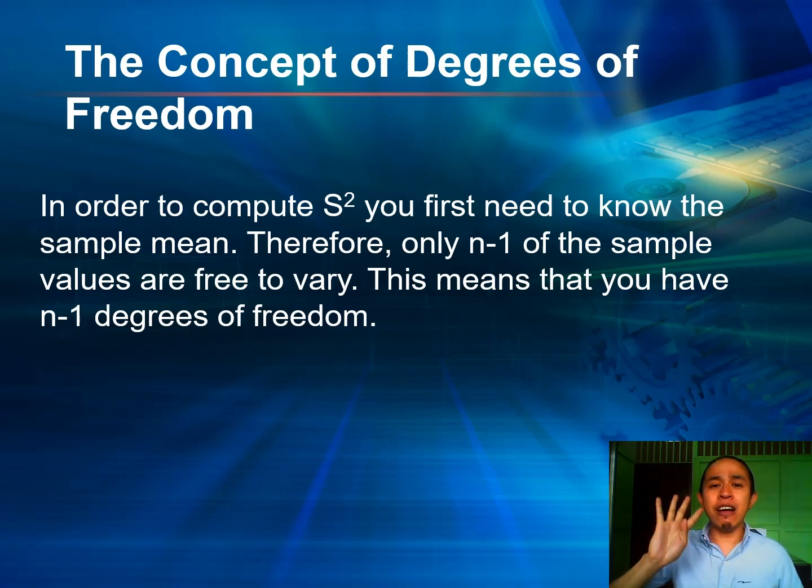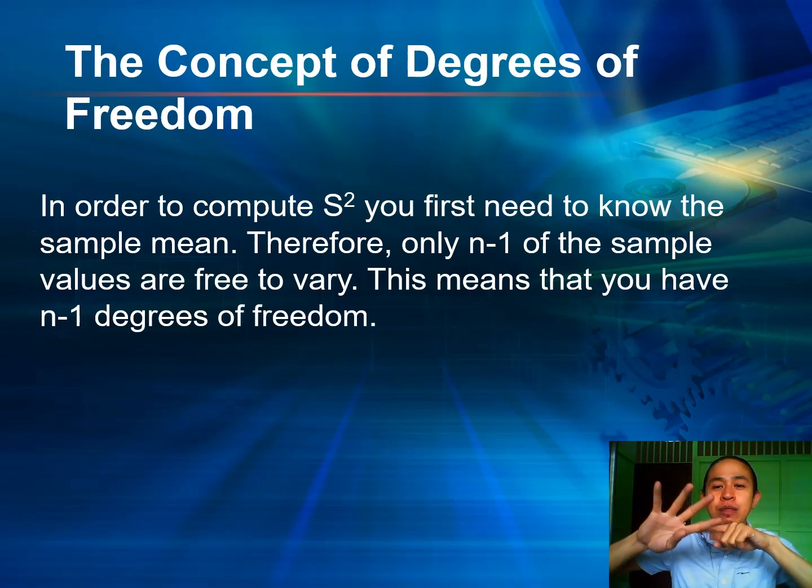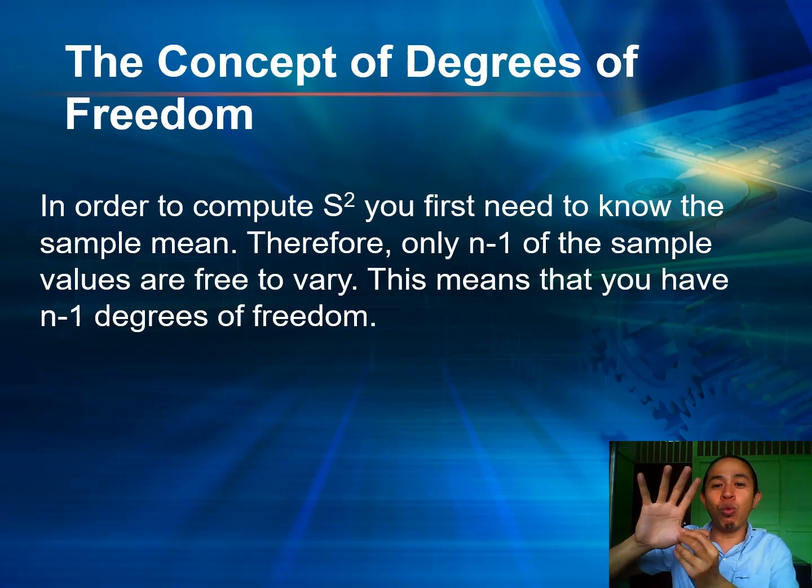4, meaning those 4 samples are free to vary. They have the freedom to vary. So this one can be 10, this one 20, this one 22, this one 19. These four can vary. But the last one, the fifth, cannot vary. Its value must make the total 100, so that the mean is 20.